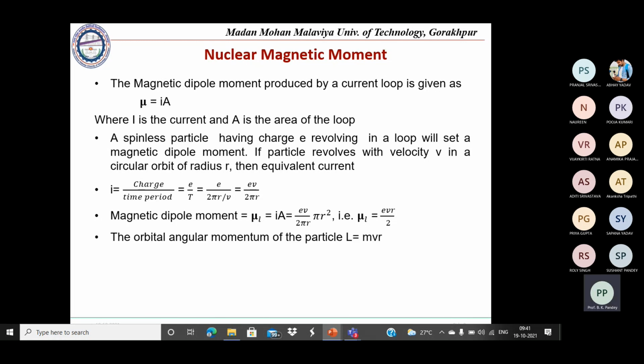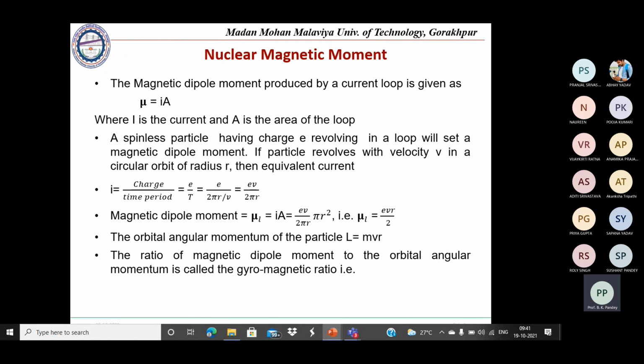The orbital angular momentum of the particle is obviously L is equal to m v r. You have already read this in your lower classes. Try to understand this one: the ratio of the magnetic dipole moment to the orbital angular momentum is called the gyromagnetic ratio.